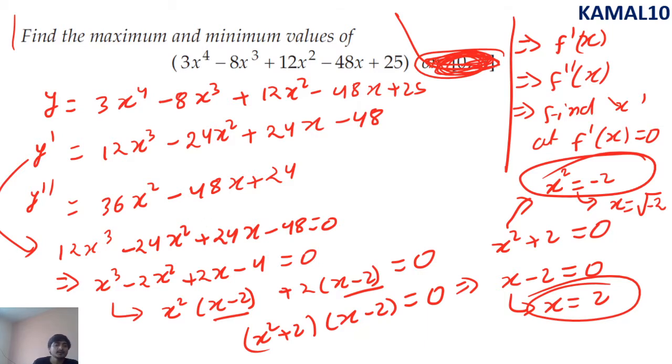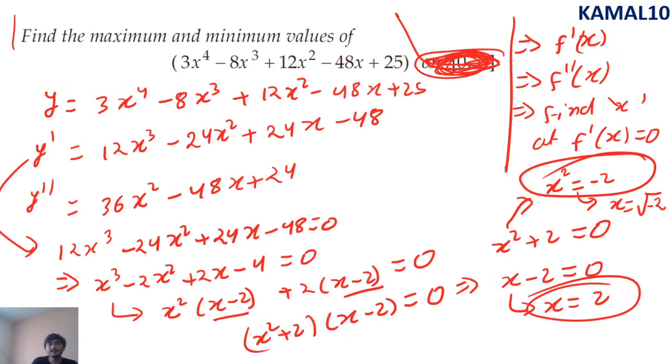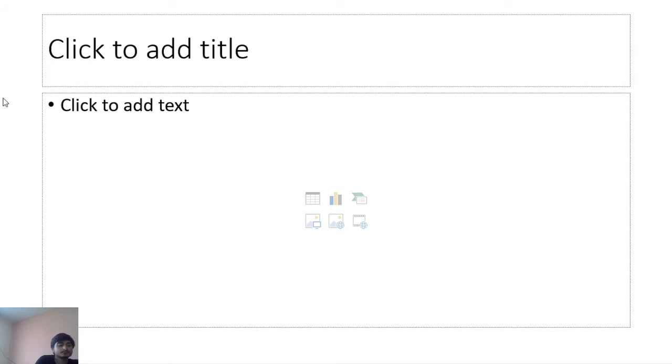Now what can we do? We are clear till this step, right? Now we will find f double dash of x at x1 and x2.